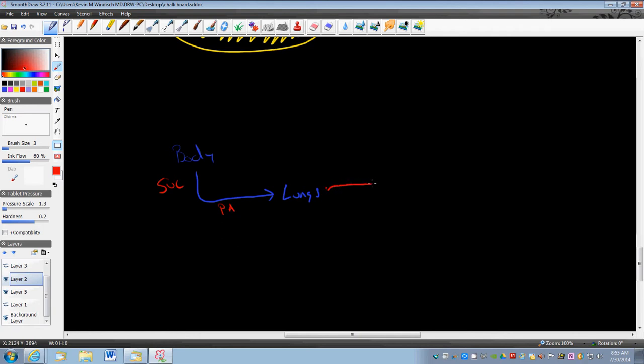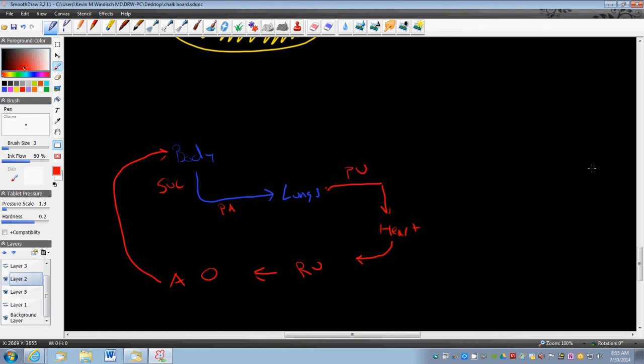Then from the lungs it comes back to the pulmonary veins. Now we enter the heart. And from the heart it goes into the right ventricle, out the aorta, and to the body.